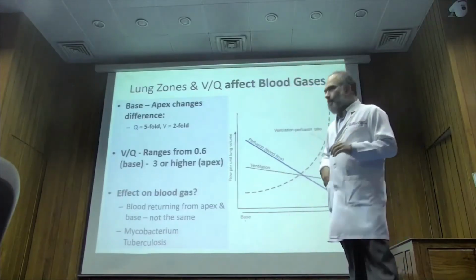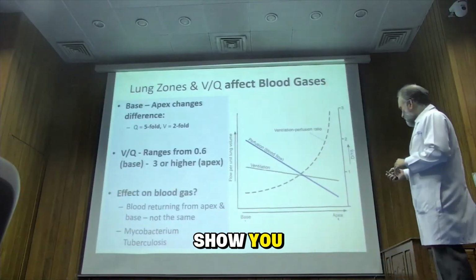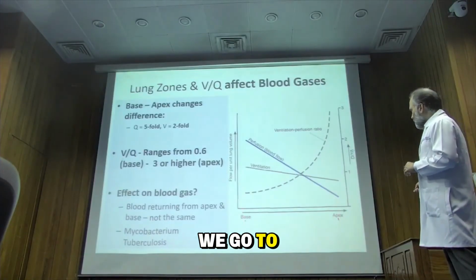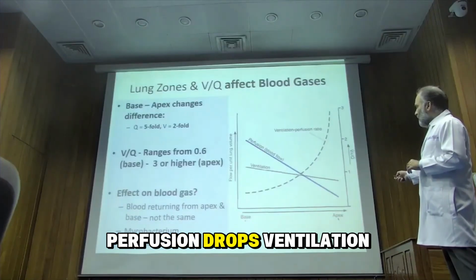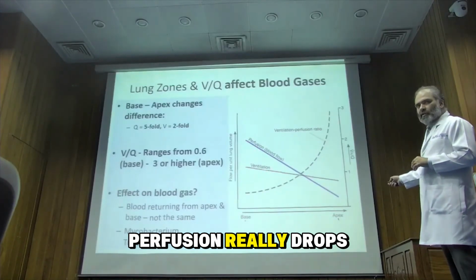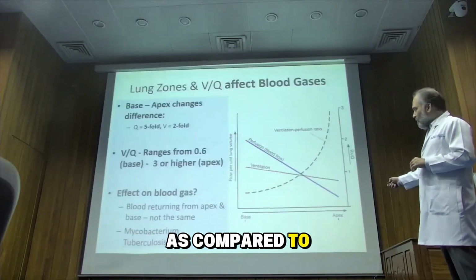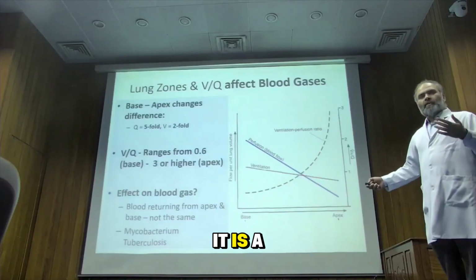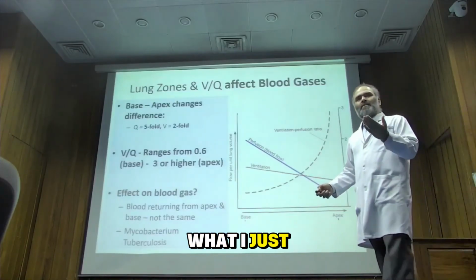Please remember that. This is a nice diagram to show you. We start the graph at the base and go to the apex. Perfusion drops, ventilation also drops, but look at the difference. Perfusion really drops as compared to ventilation, and when you calculate V over Q, it rises. It is a graphical representation of what I just said.